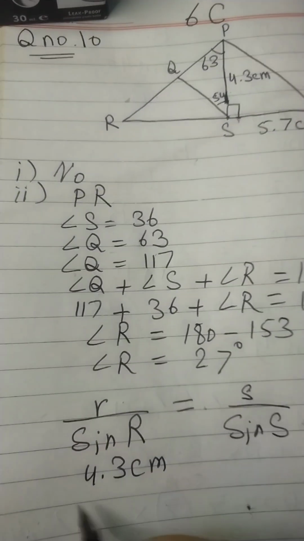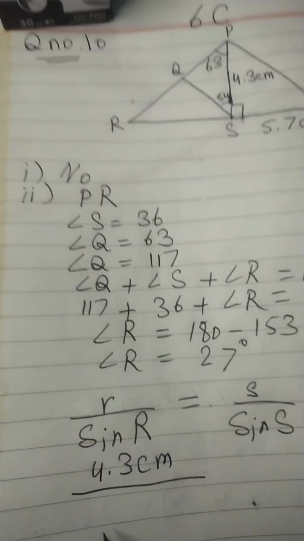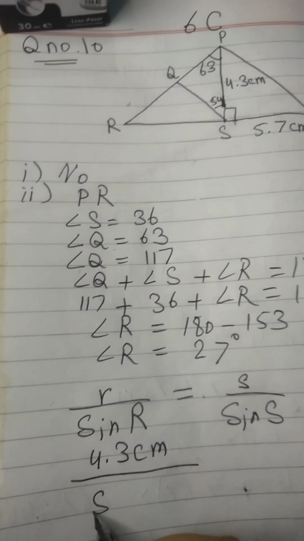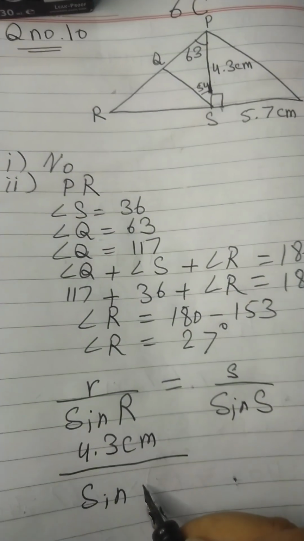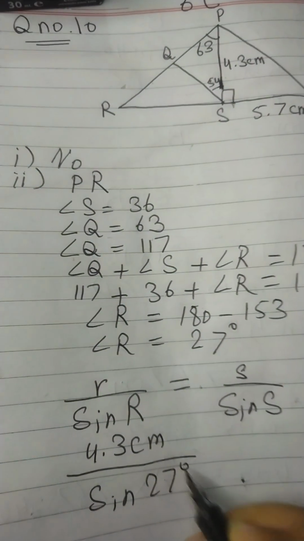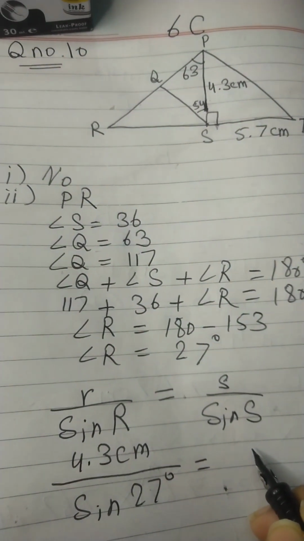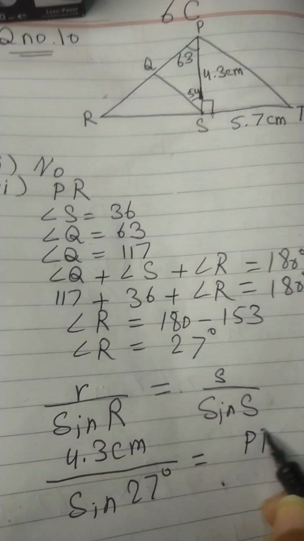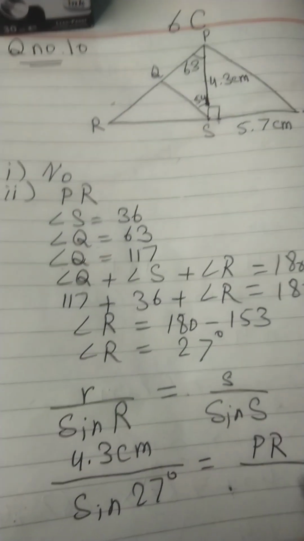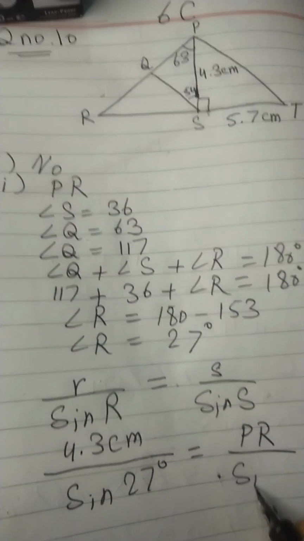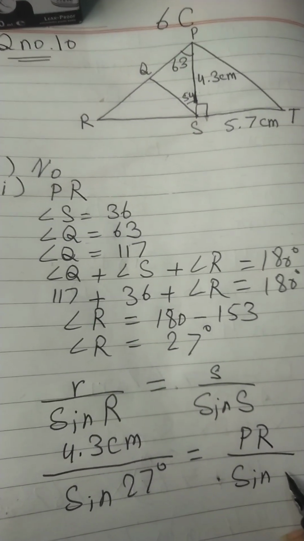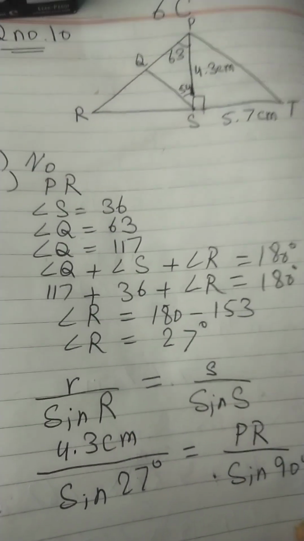R value is 4.3 centimeters divided by sine R, which is sine 27 degrees, is equal to S, which is PR, the required side, divided by sine S, which is sine 90 degrees.